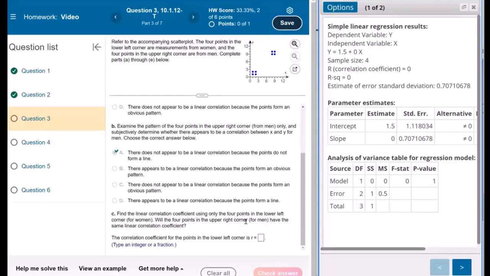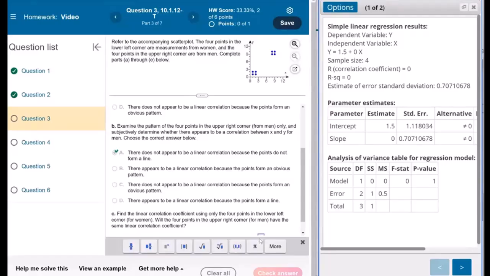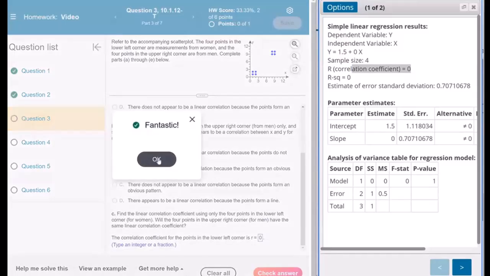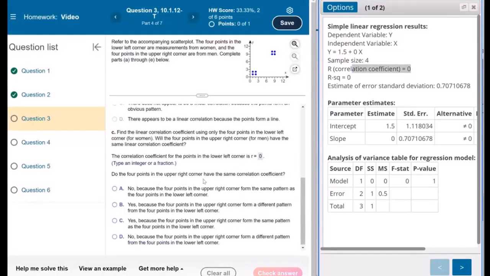The correlation coefficient for the points in the lower left-hand corner is 0. It's coming from right here. That's 0. Check answer. Perfect. And then do the 4 points in the upper right corner have the same correlation coefficient? Yes, because they form the same pattern as the 4 points in the lower left. That's correct.